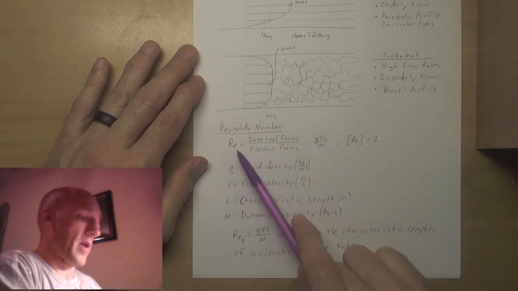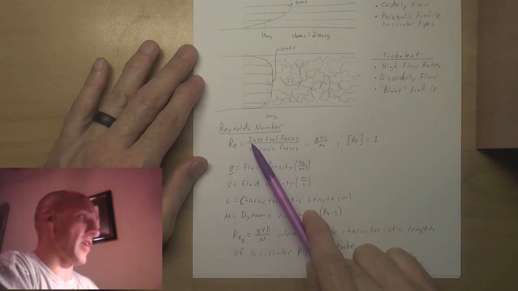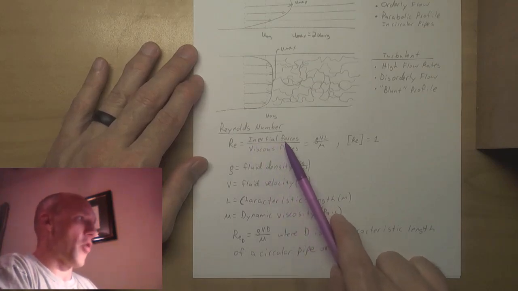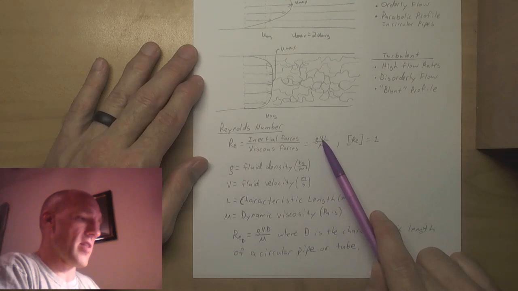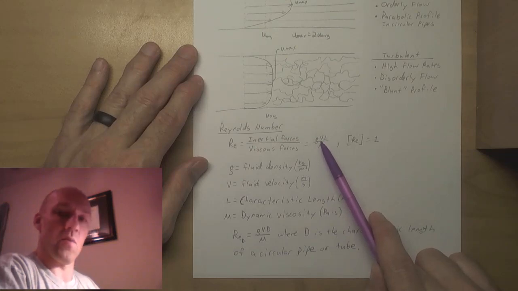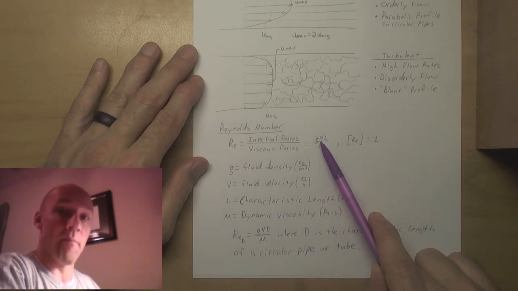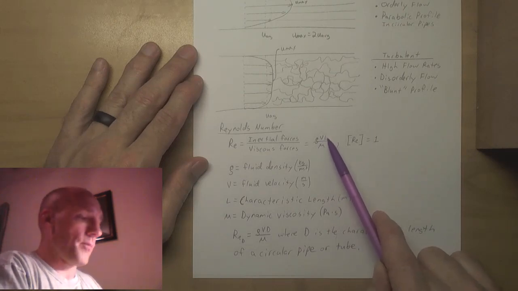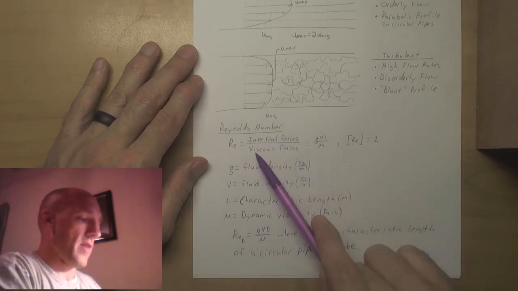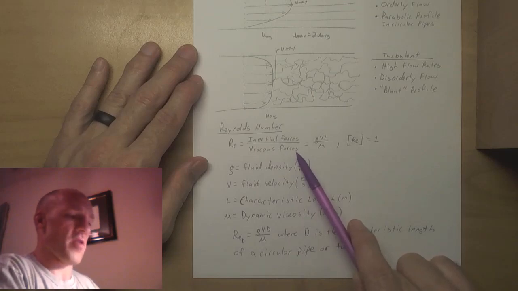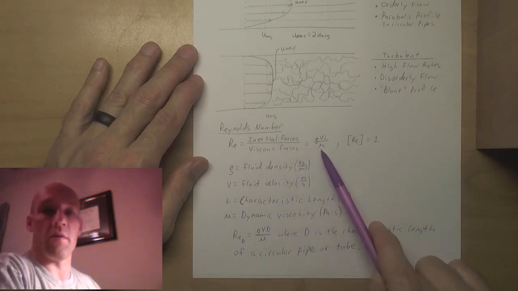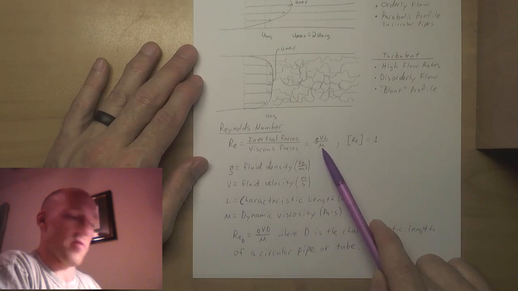At its heart, it's essentially the inertial forces. You have the density times the velocity, which is mass times velocity, momentum, divided by any sort of viscous forces, which in fluid flow is represented by just the viscosity.